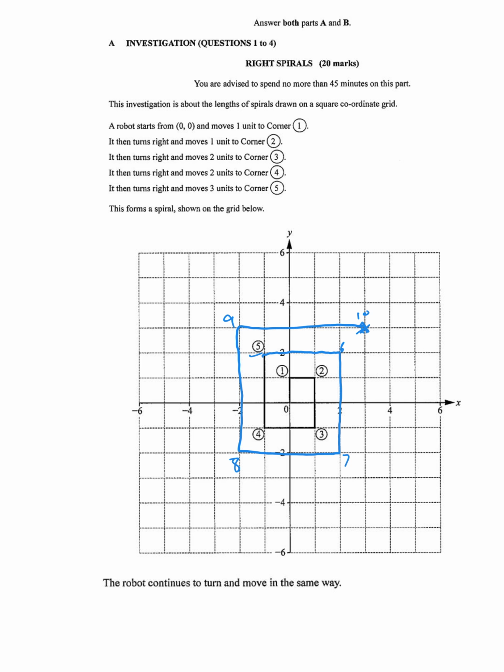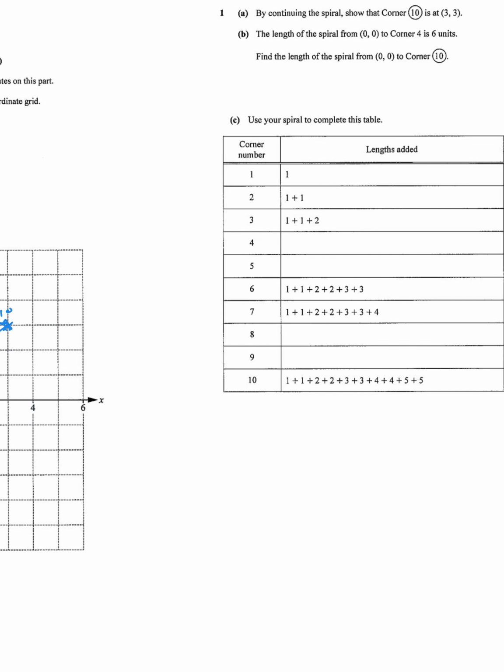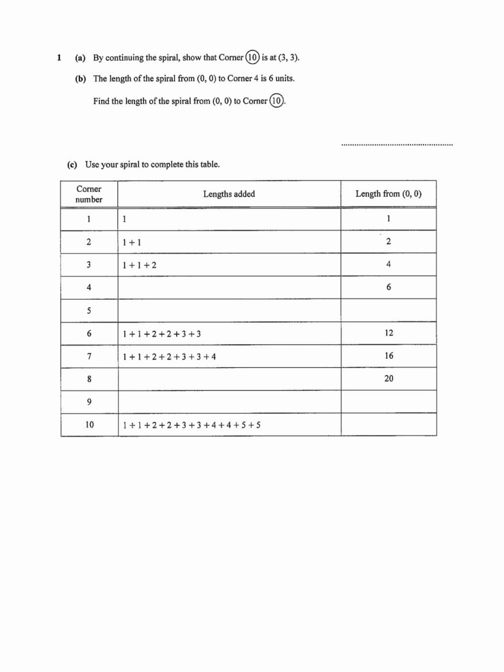Didn't think there'd be so much counting, did you? Paper 6. 1, 2, 3, 4, 5, 6, 7, 8, 9, 10, 11, 12, 13, 14, 15, 16, 17, 18, 19, 20, 21, 22, 23, 24, 25, 26, 27, 28, 29, 30. Whew. So we can say the length is actually 30.